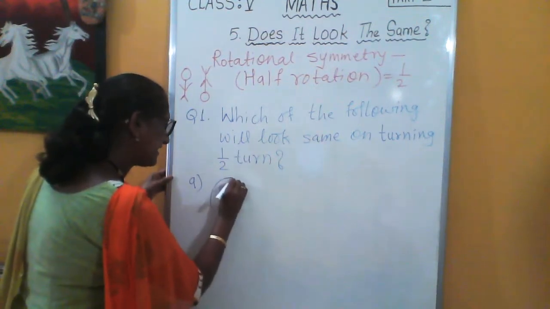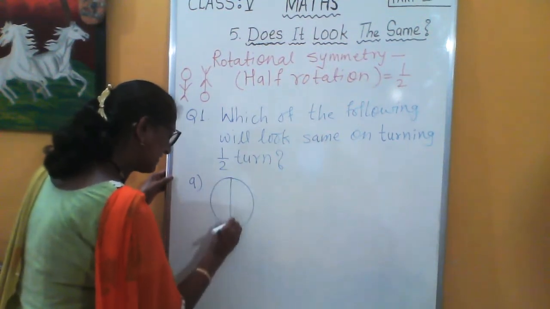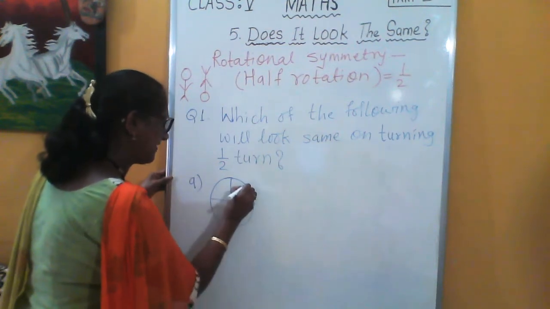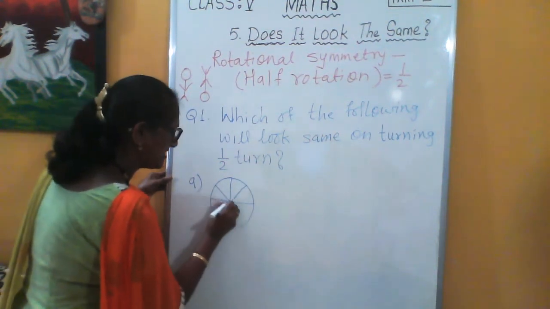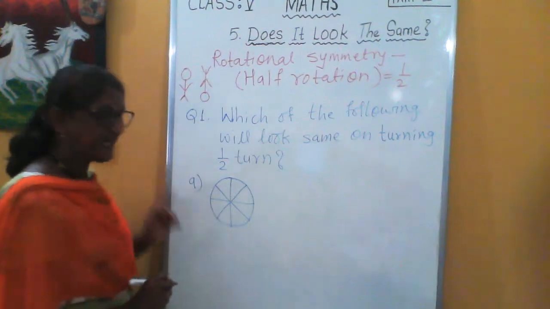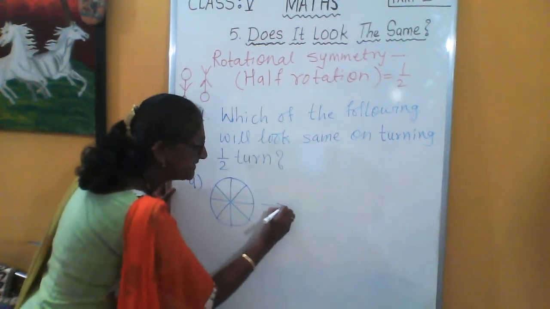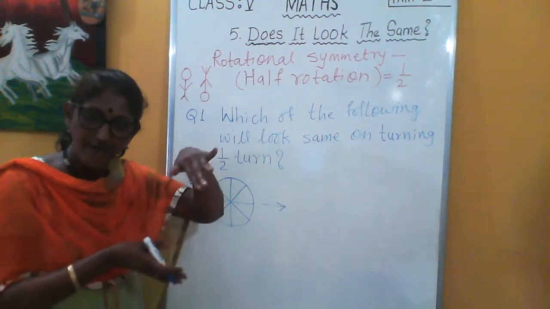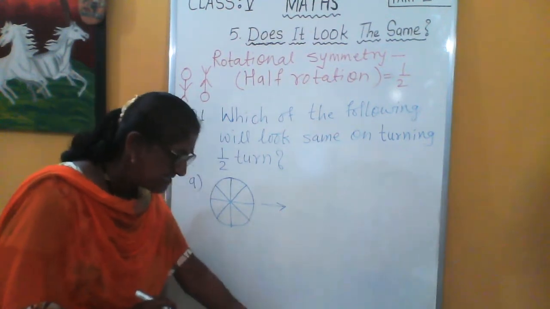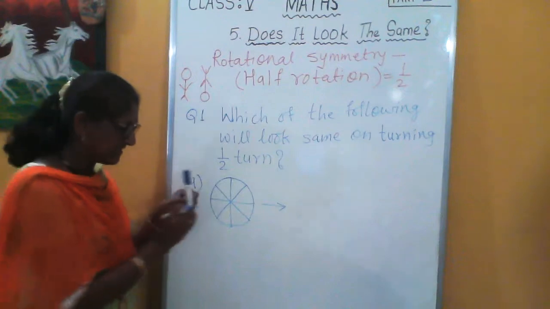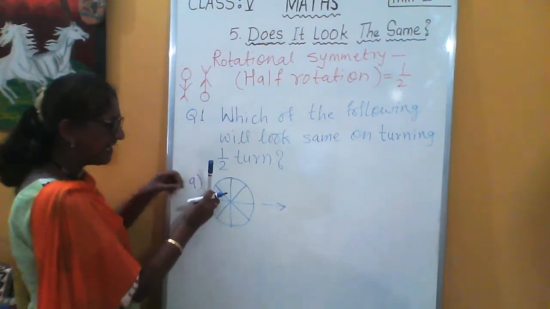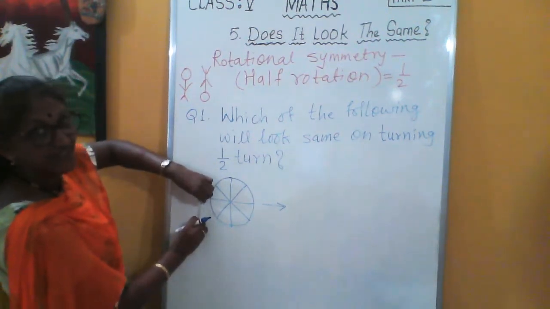Suppose the figure given is a circle divided in this way. Now rotate this circle halfway like this. Suppose this is a pen, so this is a circle, and turn it in this way.